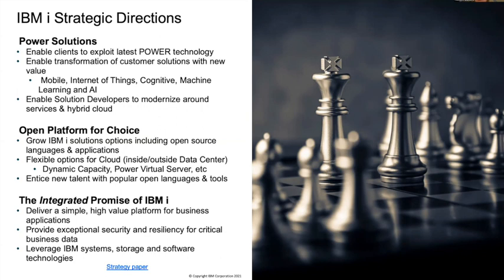This has really helped us pull new people into the IBM i community. Young kids who study Python, Perl, PHP, and Node.js at school are able to come into an IBM i environment and immediately be productive. We're going to continue to do that, and we're going to do it in an integrated fashion. These are the key tenets of our strategy, and we continue to evolve the bullets below, but we stay true to those three main tenets.